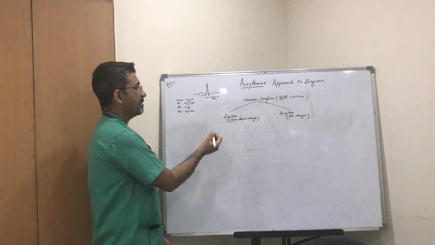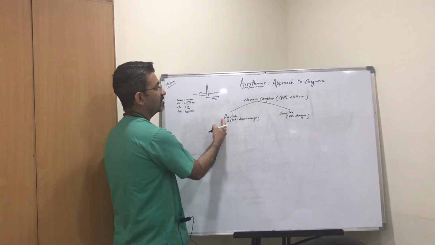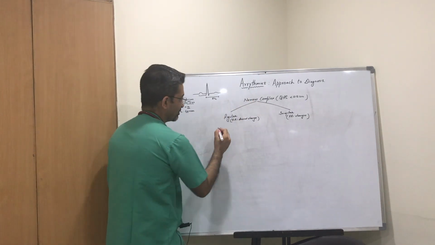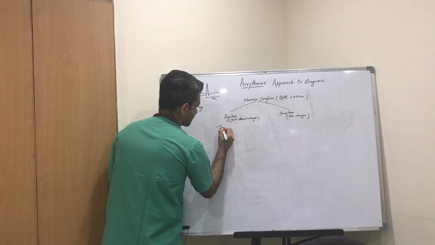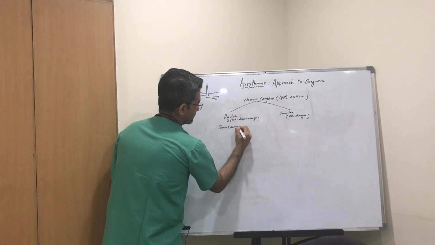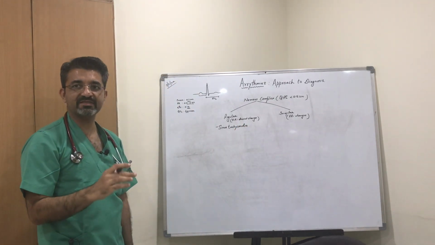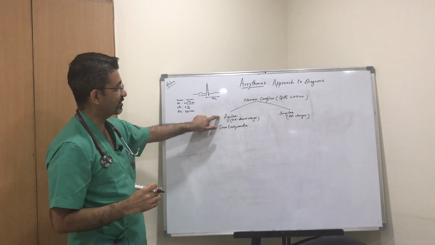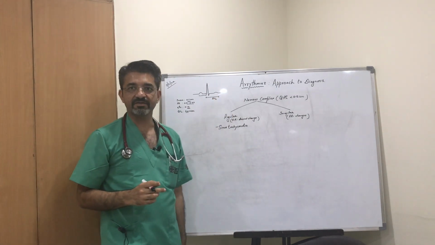So the best example of regular narrow complex tachycardia would be sinus tachycardia. Am I correct? Sinus tachycardia is the simplest and best example of regular narrow complex tachycardia.